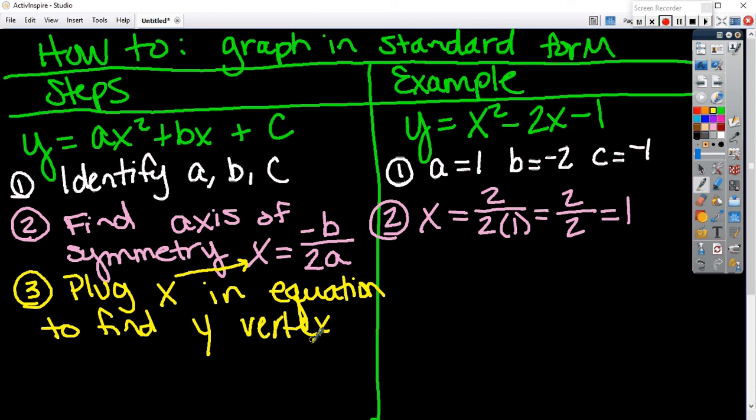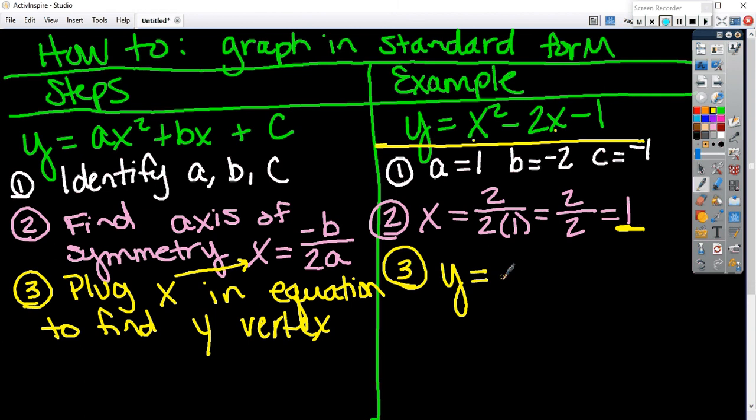So to do that, I'm going to plug back in the equation. What equation am I talking about? The very first one that I started with. Okay, so y equals, and this is just like where we were plugging in values for x, and you did that on your test too. Same thing, plug it in for every x. So plug a 1 in every time you see an x in this equation.